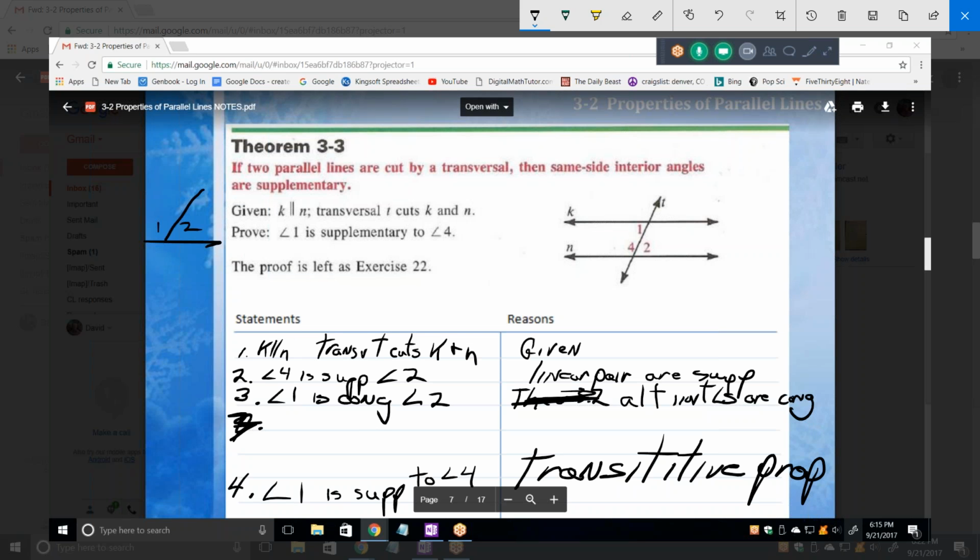Now, this is not equality. We have this one's supplementary and this one's congruent. So there may be an additional step here that I'm omitting. Trying to think of what it would be. I can't really figure it out.